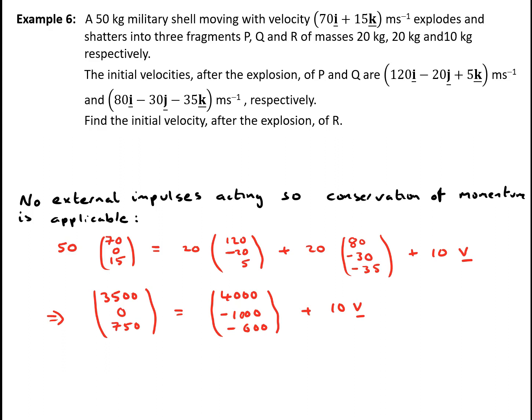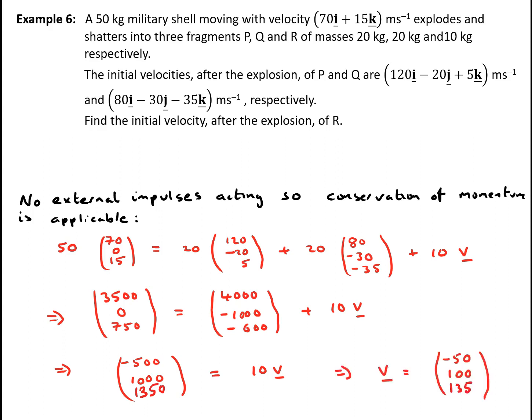So, getting the 10v on one side by itself, taking the vector (4,000, -1,000, -600) onto the other side, we get (-500, 1,000, 1,350) must equal 10v. So v must be the vector (-50, 100, 135). So the initial velocity of R immediately after the explosion is going to be (-50, 100, 135).